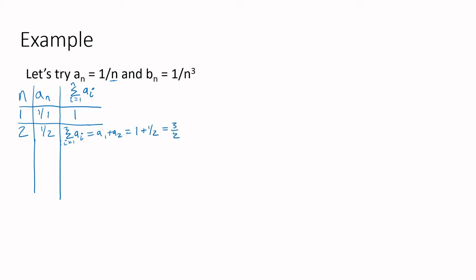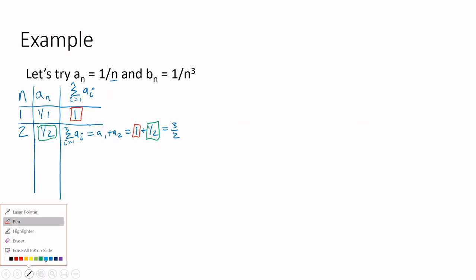What you should see, though, is I can actually just build from the previous part, right? Because this second step is really just the first step plus my new point that I'm adding in, so plus my next number. So let's see if that pattern continues.